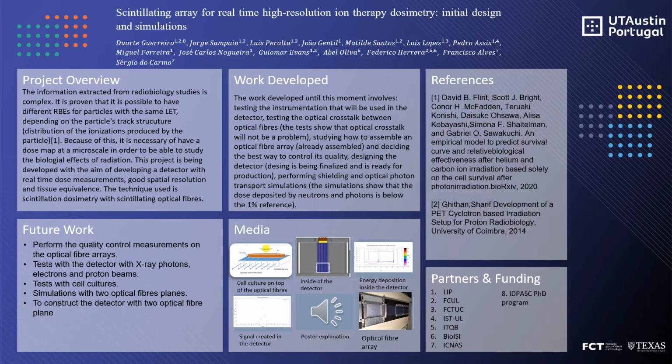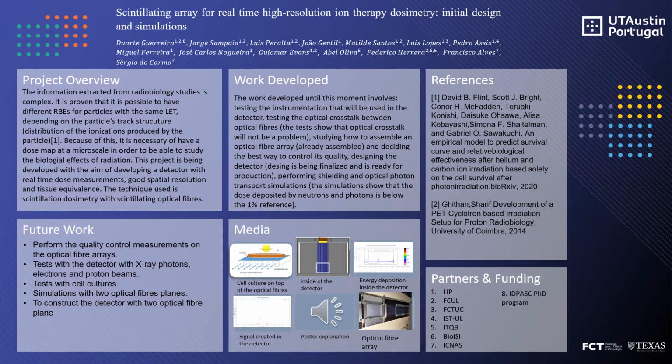It is already known that it is possible to have a different relative biological effectiveness for particles with the same linear energy transfer, depending on the track structure of the particle. And so, to study the biological effects of radiation, it is important to have a dose distribution map at the micrometric scale.